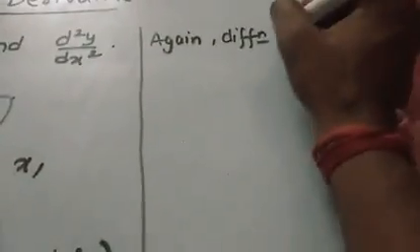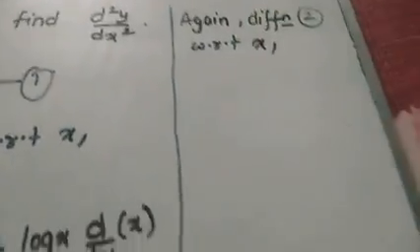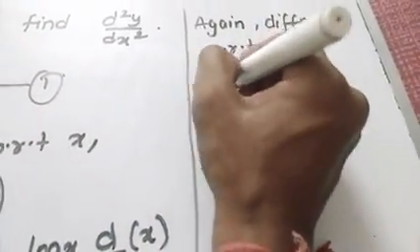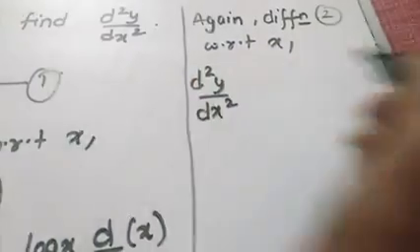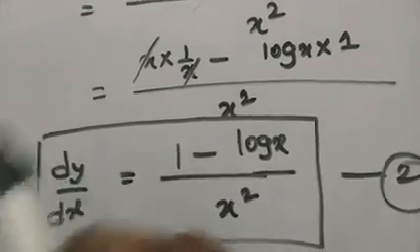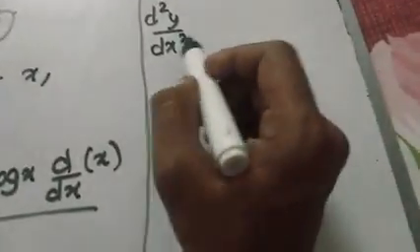Again differentiating 2 with respect to x. So if you differentiate dy by dx again, you will get the second order derivative, that is d2y by dx2.